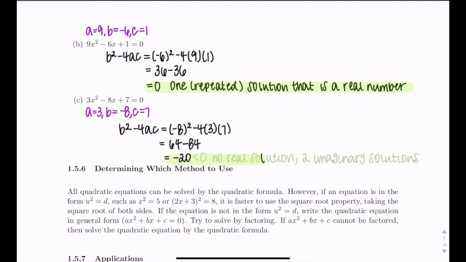Since this is less than 0, that means we'll have no real solution, and it'll be two imaginary solutions. So it doesn't tell you what the solutions are, it just tells you what they look like.